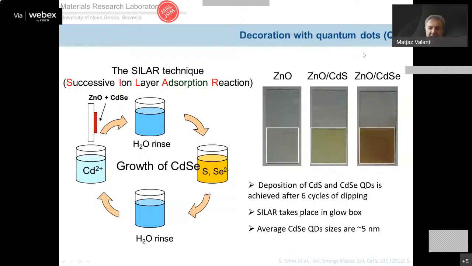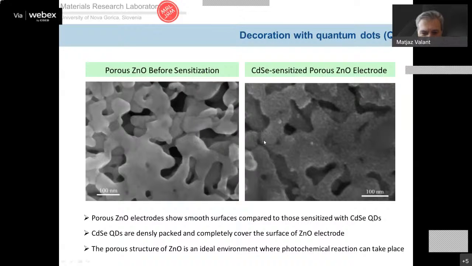Eventually this co-catalyst in the form of small clusters will deposit on the zinc oxide. On the left hand side, you see uncoated zinc oxide, and on the right hand side, you see it coated with cadmium selenide. You see it's becoming a rougher surface, and this is the surface covered with the co-catalysts.